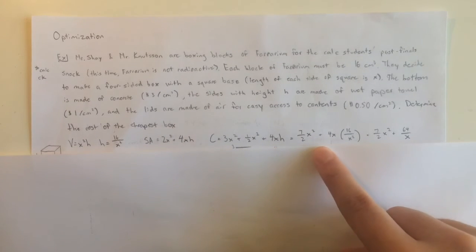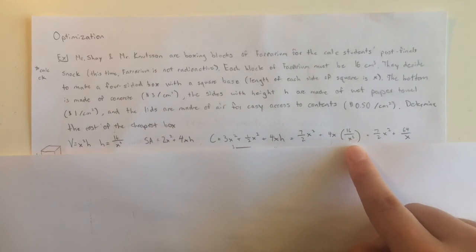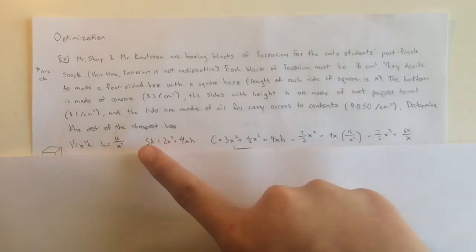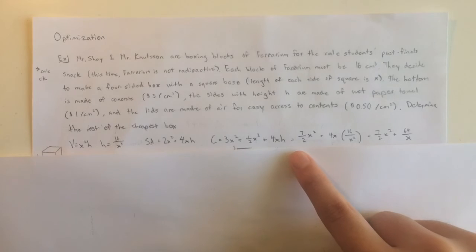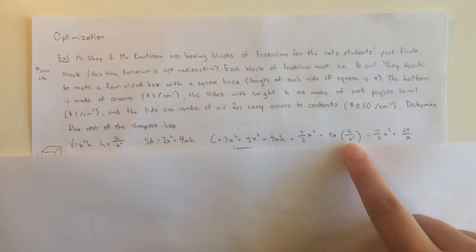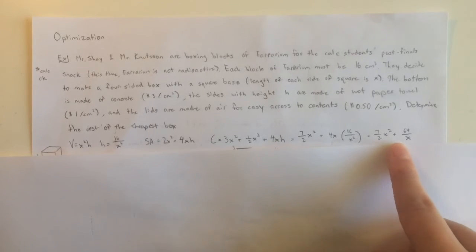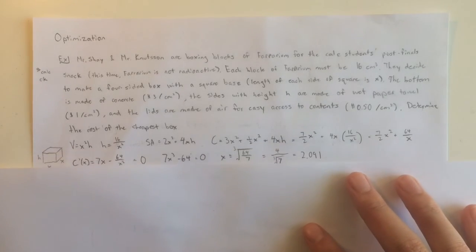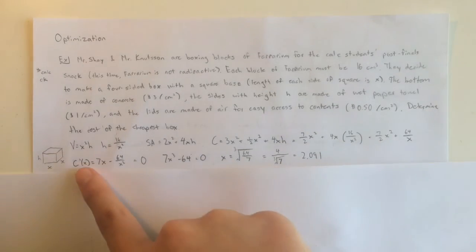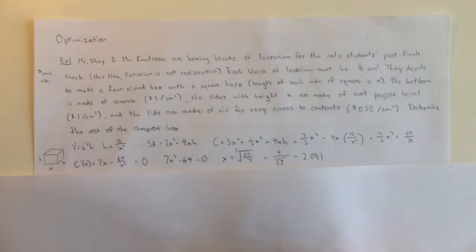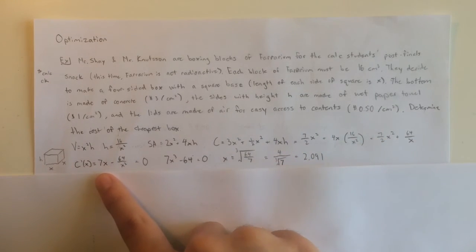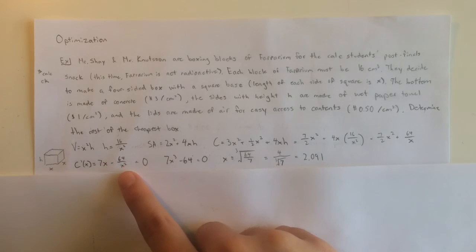And then now I plugged in 16 over x squared for h, like I solved over here, so that we only have one variable in this equation. So then I simplified. Okay, so now that's simplified, I did the derivative of the cost because it's just an x. So C prime of x is equal to 7x minus 64 over x squared.